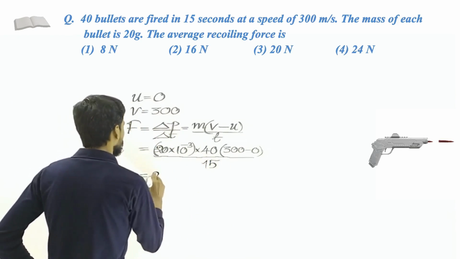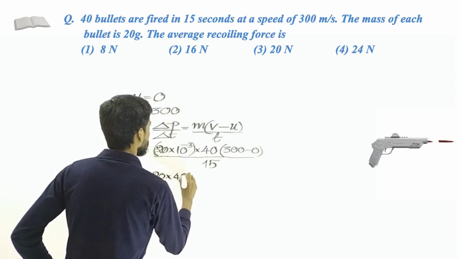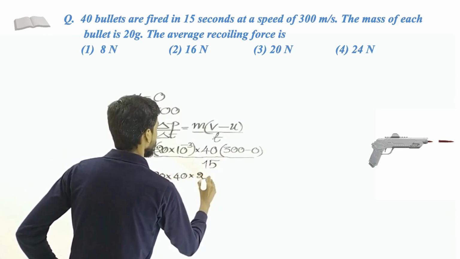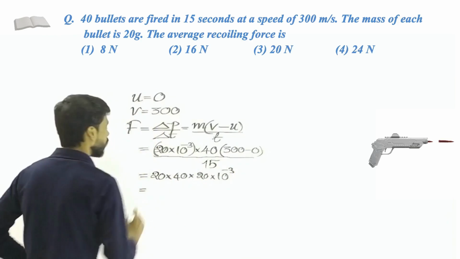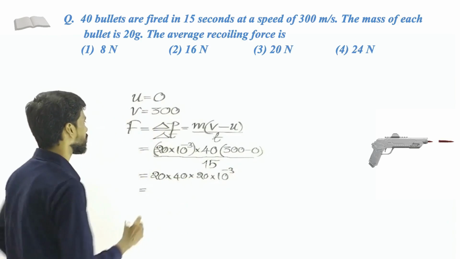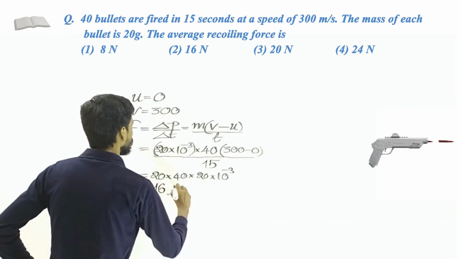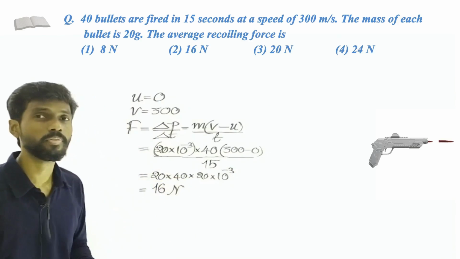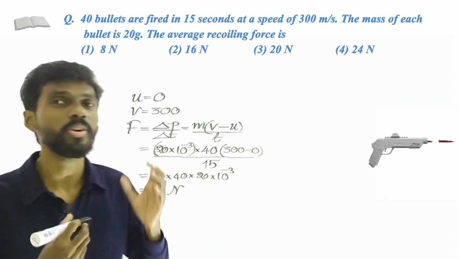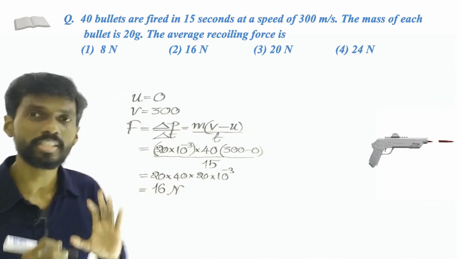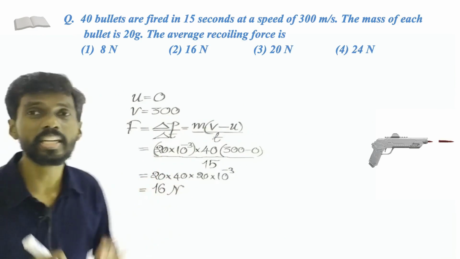So that equals 20 multiplied by 40 multiplied by 20 multiplied by 10 to the power minus 3, which gives 16 Newton. So that is the force on the bullets. But that is the same force on the pistol also, so that is the recoiling force. Do you understand? So that is our answer, 16 Newton.